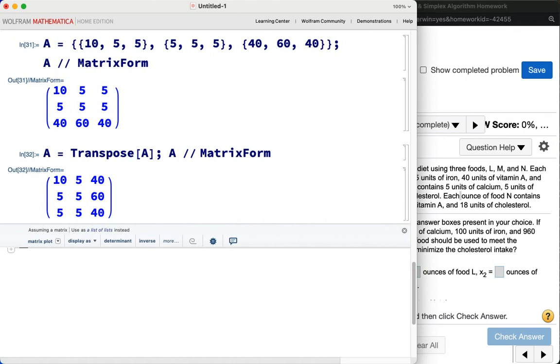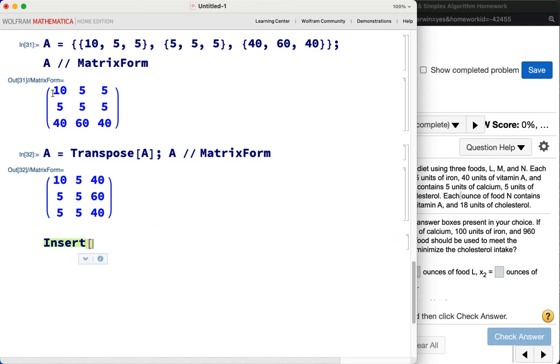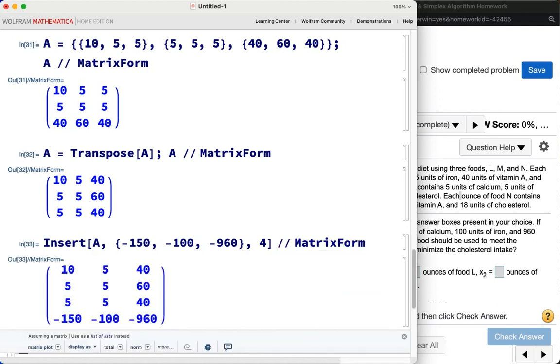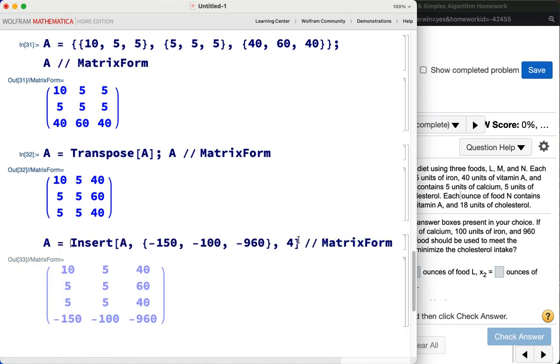Now I need to insert the last row, so let me make sure I do this correctly. It's going to be negative 150, negative 100, negative 960, position 4. That looks good. Let me make this change permanent.